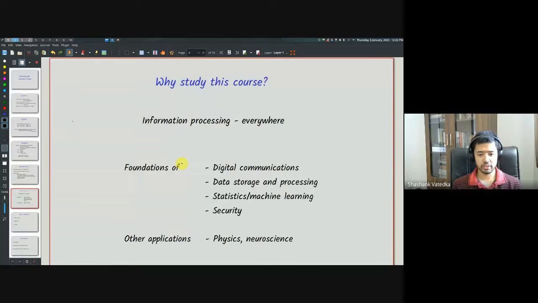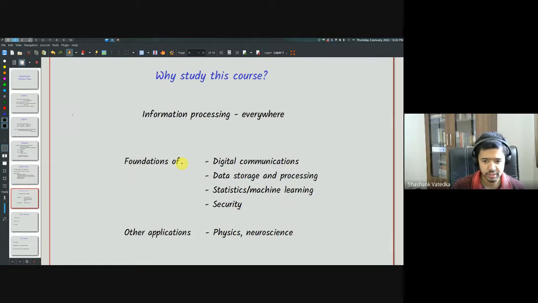There's also a very deep connection to physics. In fact, I'll introduce a term called the entropy of a particular random variable. This term entropy comes from physics, from thermodynamics to be precise, where you have the same expression for entropy. There's a very deep connection between information theory and thermodynamics.